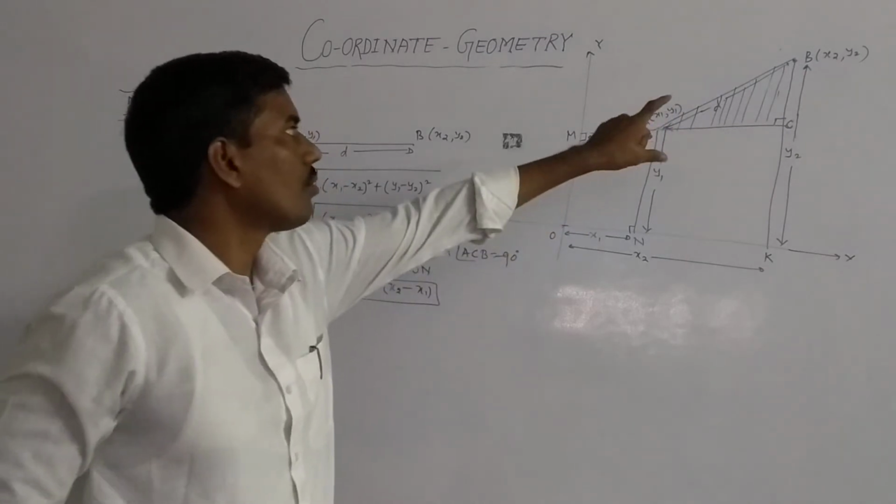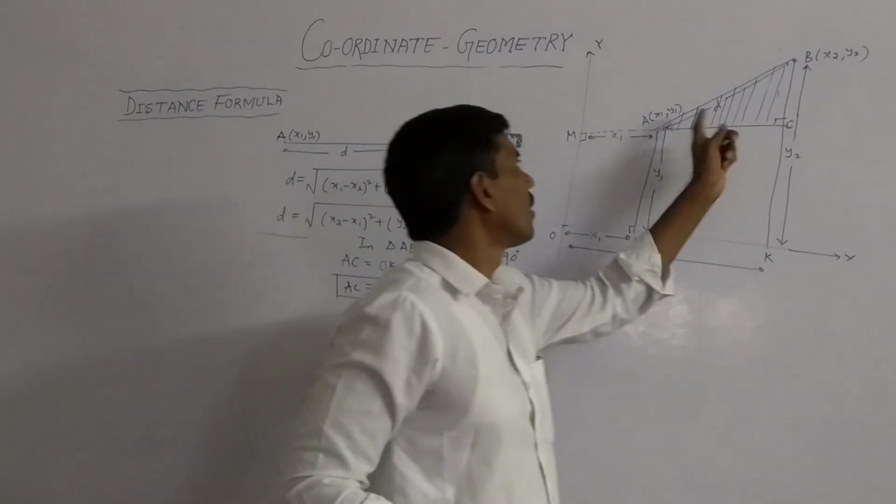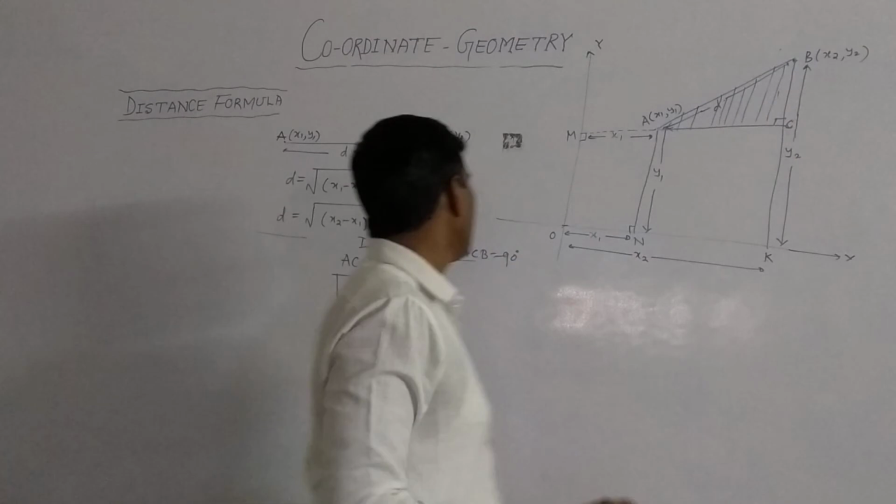Clear? Now we have to find the height of triangle ABC, which is BC.